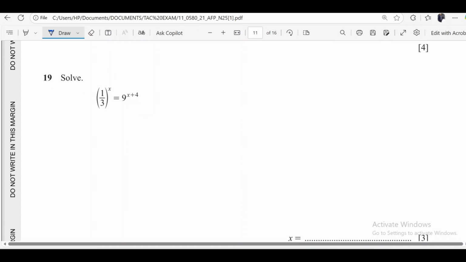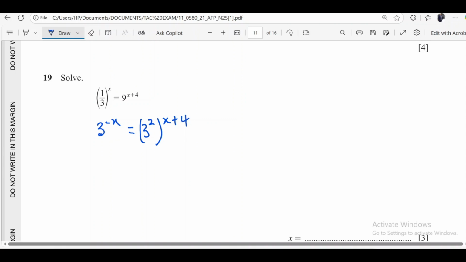Number 19, what we do here, we can rewrite this as 3 to the power minus x. Then break this 3 to the power 2, that gives us 9. Then we have x plus 4.